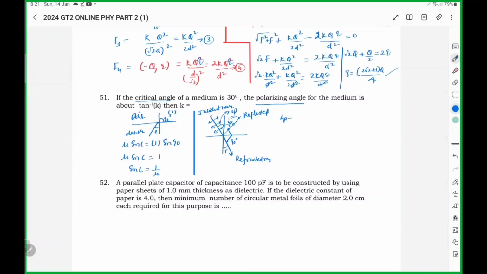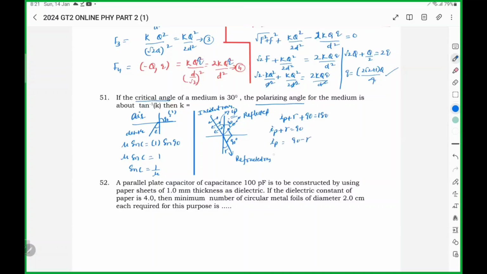So IP plus R plus 90 is equal to 180. IP plus R is 90. IP is 90 minus R.